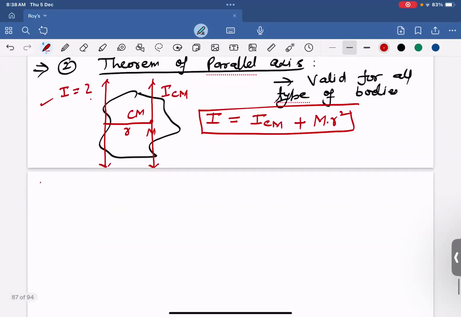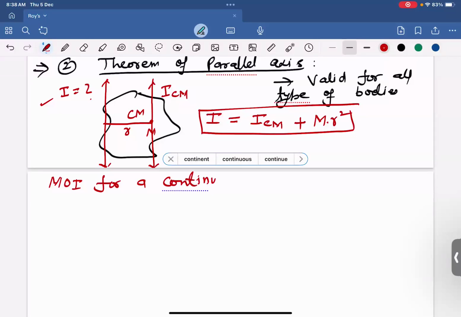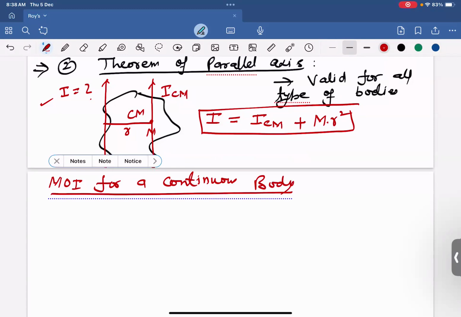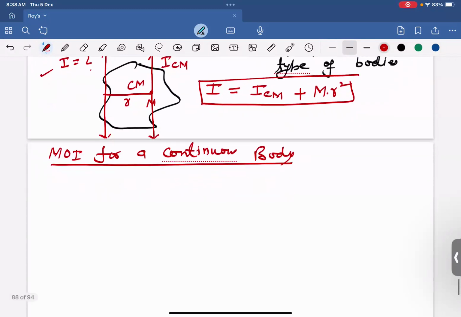Now let's try to use this theorem to find moment of inertia for a continuous body. Continuous body like a ring, disc, sphere, cylinder.